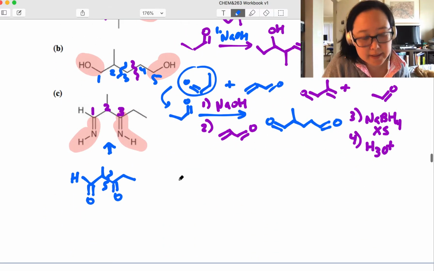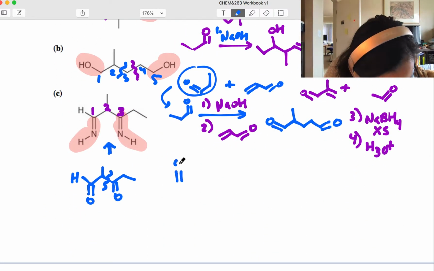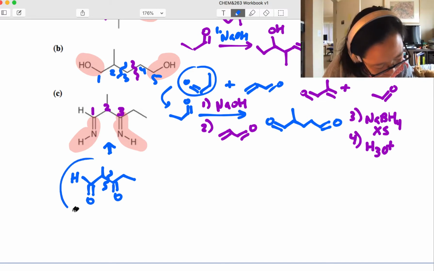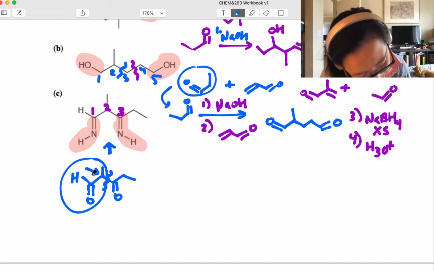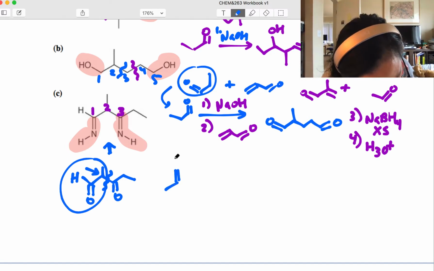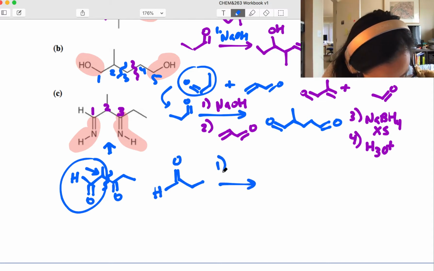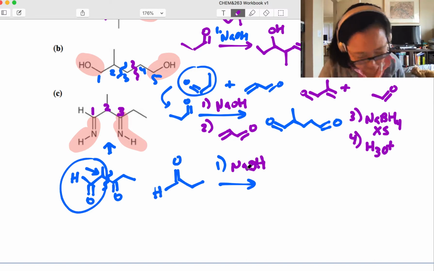So I'm going to picture starting with my aldehyde, the one that has an enolate. See, that's my nucleophile right here at this carbon. So I need that to react with my base in the first step. So my first step is going to be, let's see, NaOH, or it can be any kind of base like ethoxide, methoxide, LDA even.